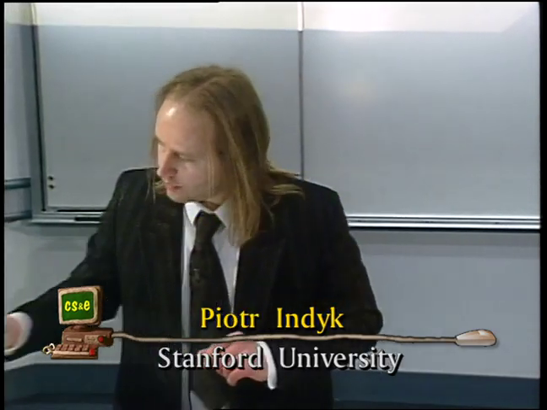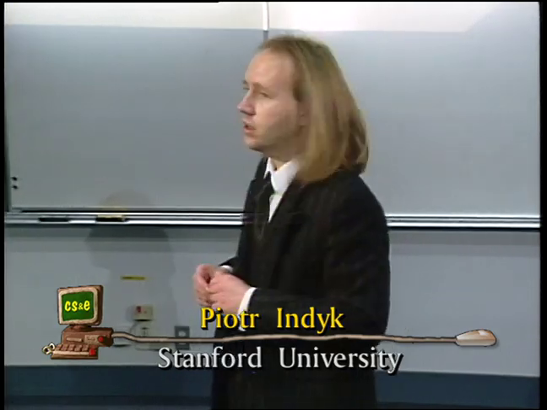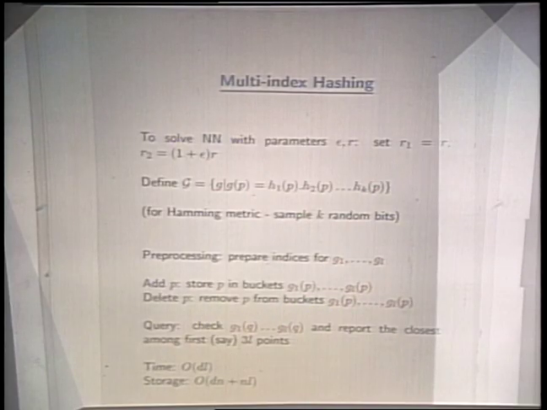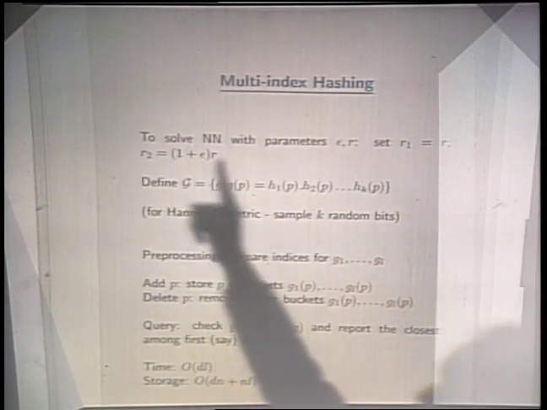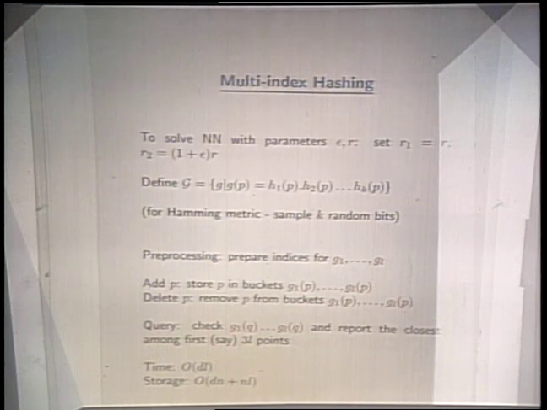For starters, we'll need the LSH family with parameters R1 equal to R and R2 equal to 1 plus epsilon times R, where epsilon and R are the parameters of the near neighbor problem. R is the radius, and epsilon is the approximation factor.